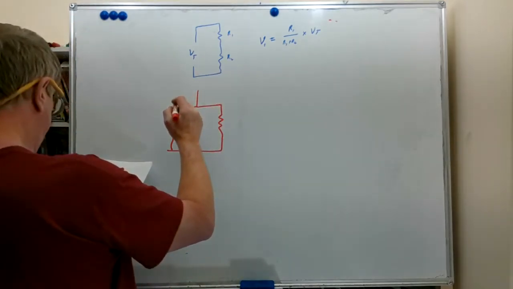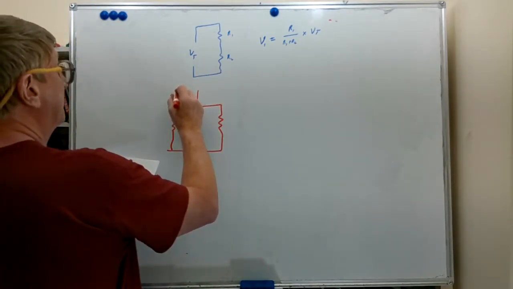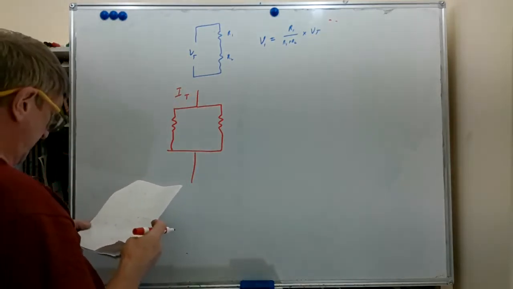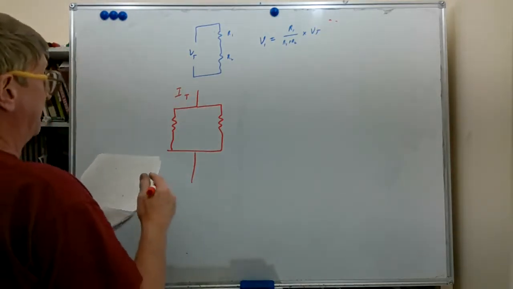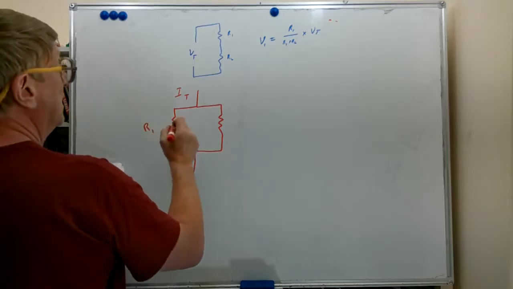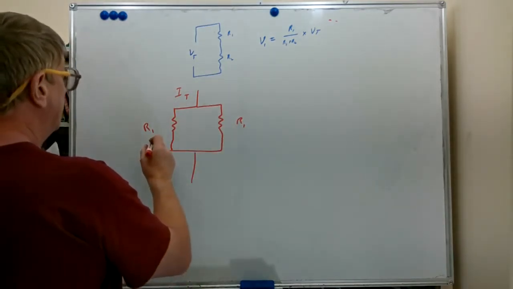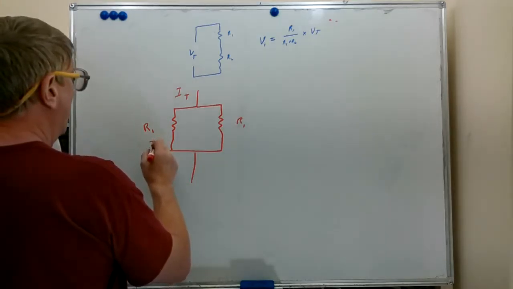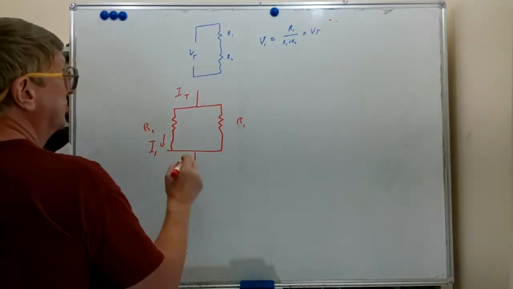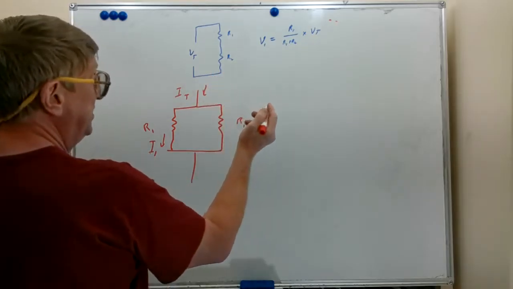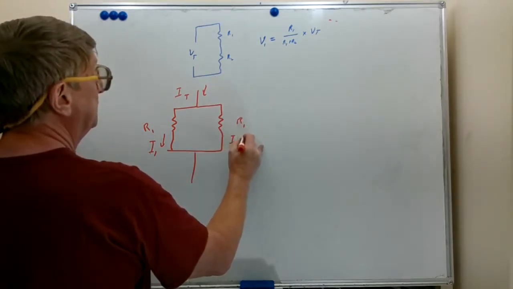Then we were given an IT, in this case, total current. We were given an R1, we're given an R2, and we're interested in I1 and I2.